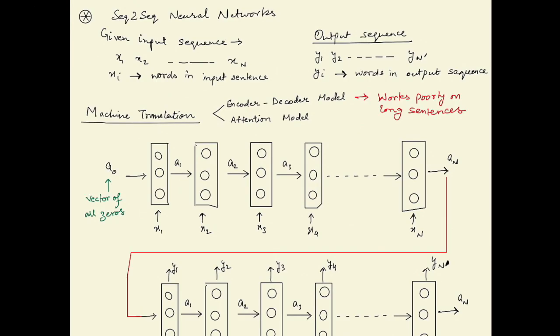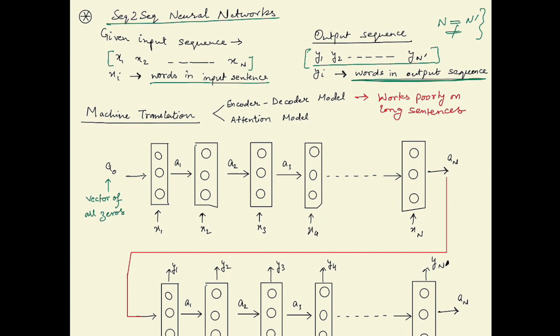Let's look at the sequence to sequence neural networks. In these networks we are given an input sequence x1 to xn, let's say the words in the input sentence, and we have to generate an output sequence y1 to yn dash, where n may or may not be equal to n dash. Any of these cases might hold, and the yi are the words in the output language.